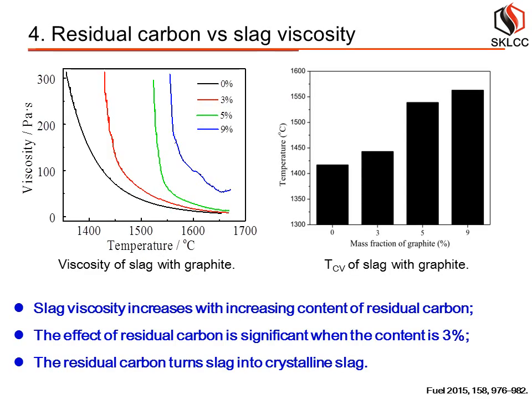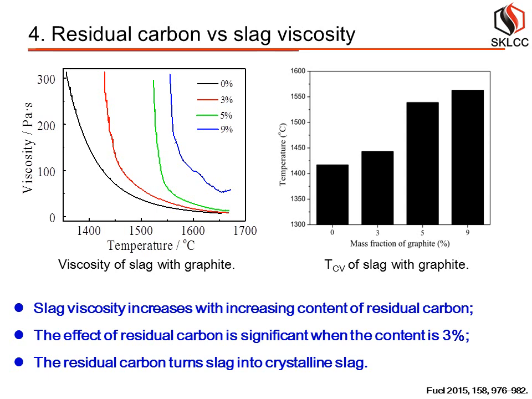We also investigated the effect of radiocarbon on slag viscosity, and we used graphite to simulate the radiocarbon in gasification slag. These two figures show that the slag viscosity and the temperature of critical viscosity increase with increasing content of radiocarbon.